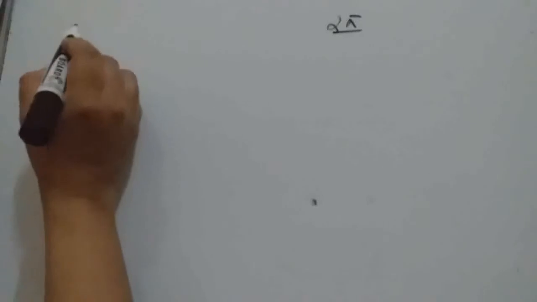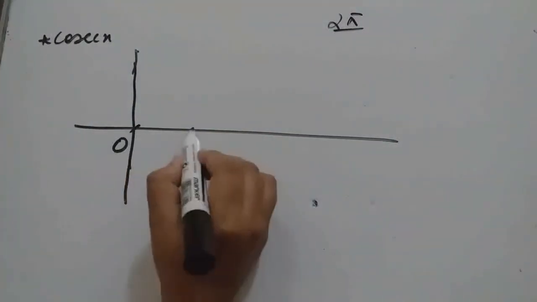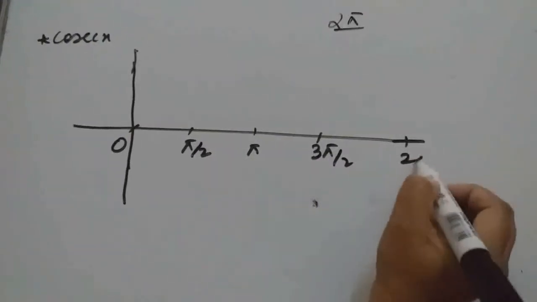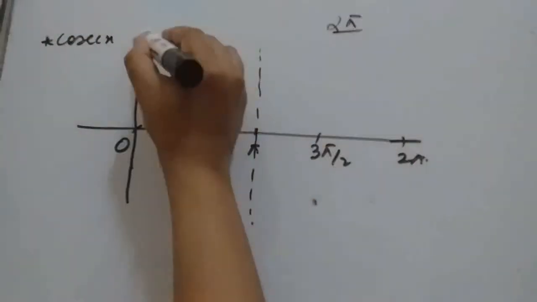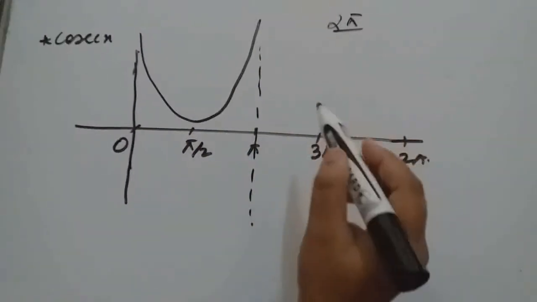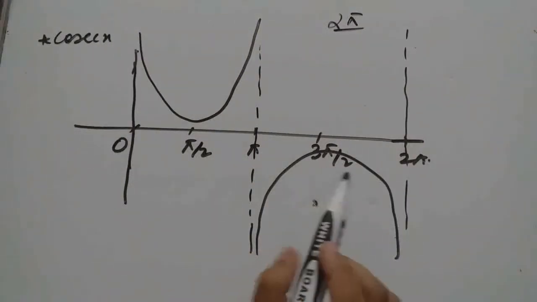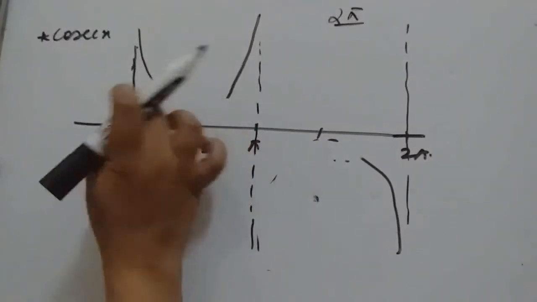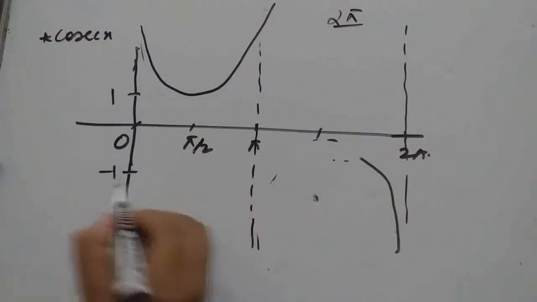So we should consider this, isn't it? 0, pi by 2, pi, 3 pi by 2 and 2 pi. We know the graph of cosec x is like this. This is 1, and this is minus 1.